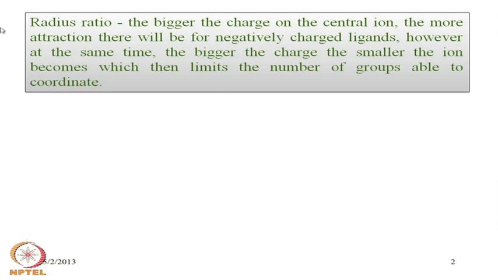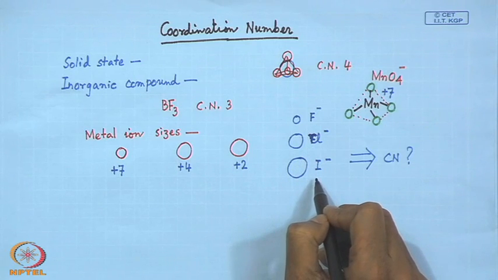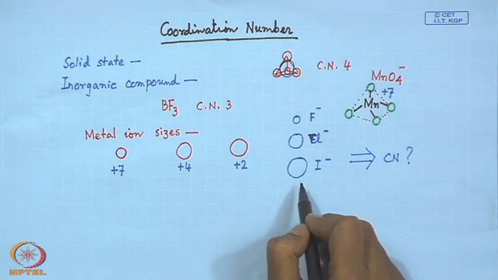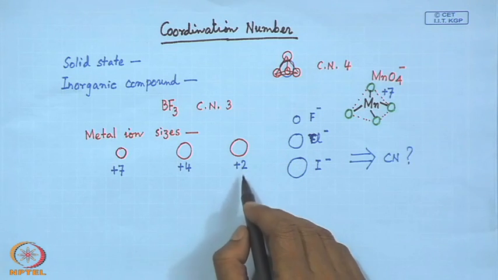Like in our solid state geometry, the radius ratio. The bigger the charge on the central ion, the more attraction there will be for negatively charged ligands, like fluoride, chloride and iodide.